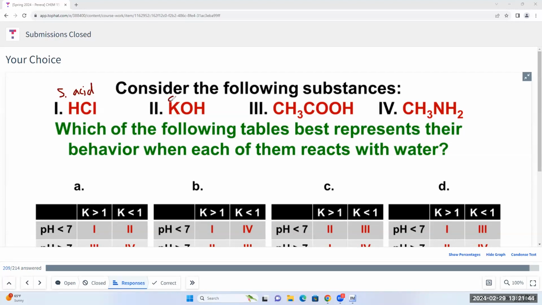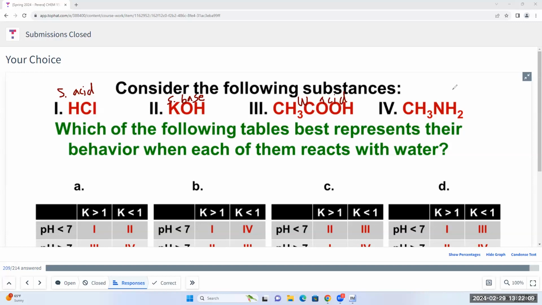It's a strong base, so I'm going to say S base. CH3COOH, this is the ingredient in vinegar, by the way, acetic acid. Is it acid or base? Acid. Strong or weak? It's weak, so I'm going to call it a weak acid. Last one.